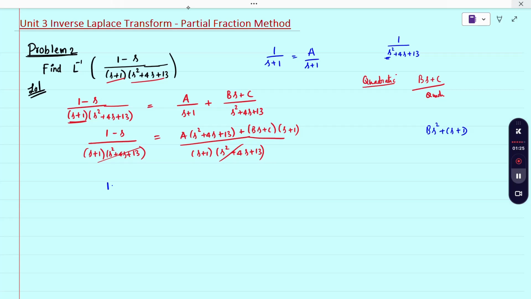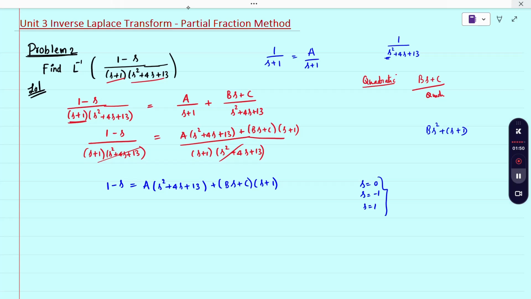So now when I write it, 1 minus s equals A into (s squared plus 4s plus 13) plus (bs plus c) into (s plus 1). Now I am not going by substituting constants, for example s equal to 0, s equal to minus 1, and some other value such as s equal to 1.